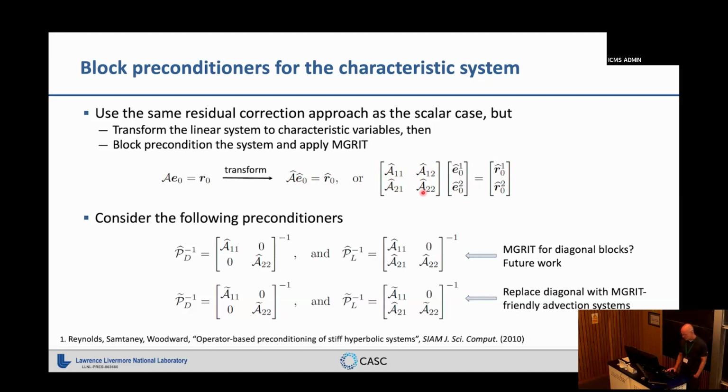And so instead of solving this thing directly, what we're going to do is precondition it. And so we have two approaches. The one on the left is to use the diagonal. And the one on the right is to use a lower triangle. So this is like a block Jacobi, and this is like a block Gauss-Seidel type thing as your preconditioner.